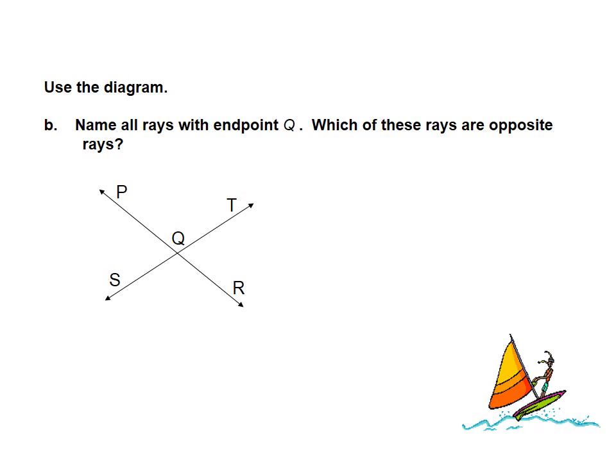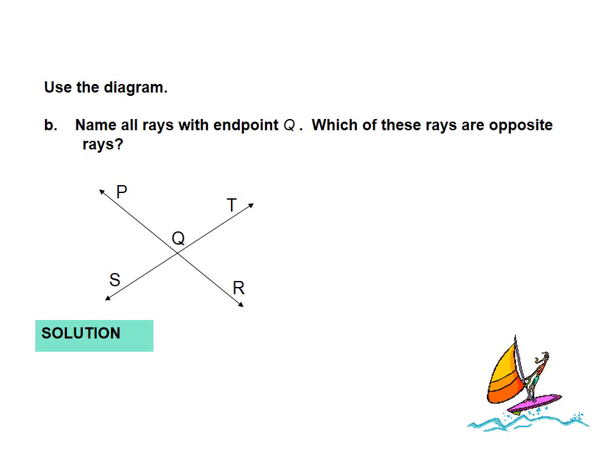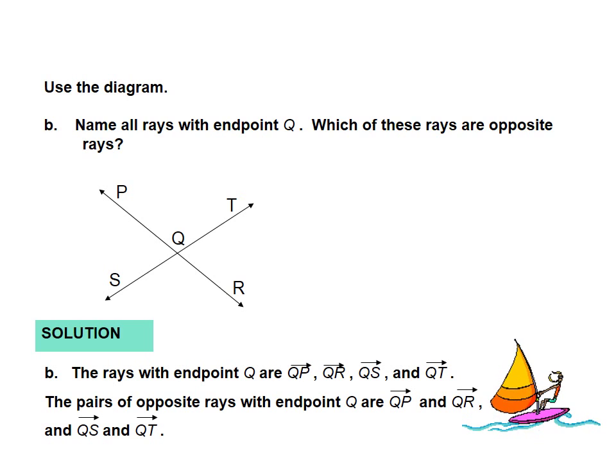Now name all the rays with endpoint Q. Which of these rays are also opposite rays? If you need to, pause the screen. The rays with endpoint Q are ray QP, ray QR, ray QS, and ray QT.